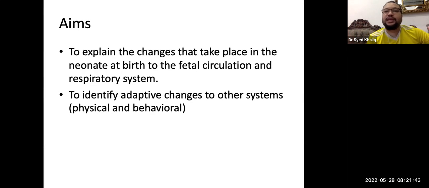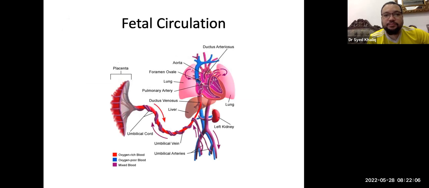These are the changes that affect the baby in the short term and also the long term. And you need to understand the adaptive changes that happen to the baby, basically for the baby to adapt to living outside of mother's womb.